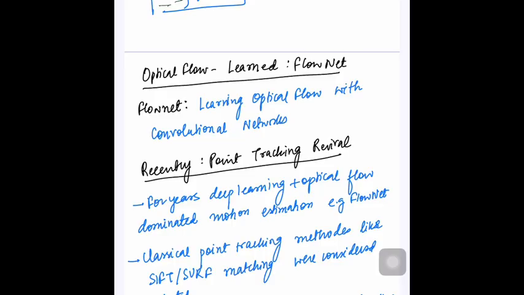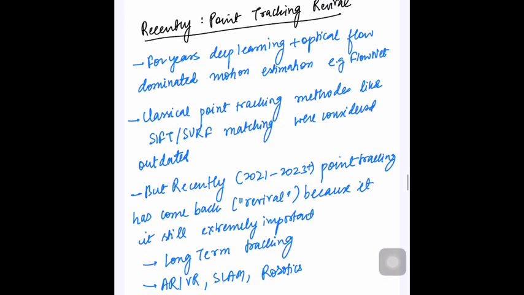But recently, if you read some of the famous conference papers like CVPR papers, you will see that point tracking has become popular again, and people are researching it because they think it can be helpful in long-term tracking.